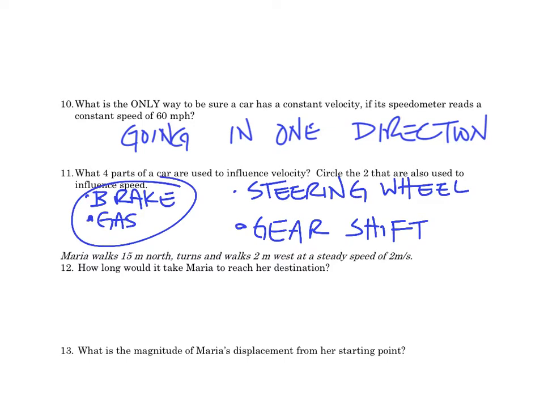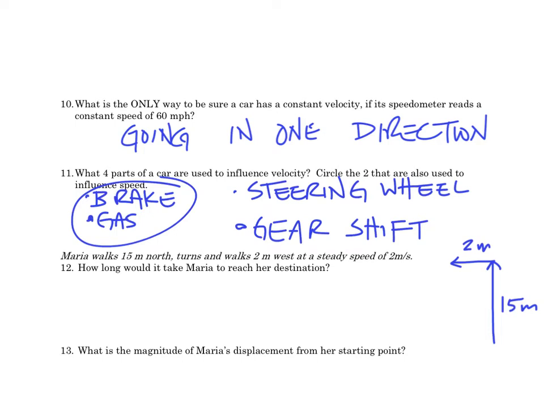Number 12, Maria walks 15 meters north, turns and walks 2 meters west at a steady speed of 2 meters per second. How long does it take Maria to reach her destination? Well, Maria is doing this. She's walking north 2 meters, and then 15 meters. And then she's turning and walking west 2 meters.